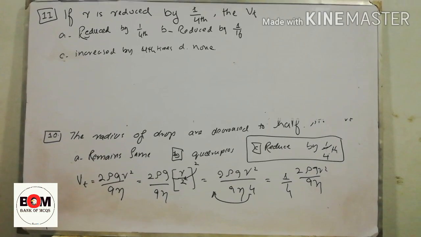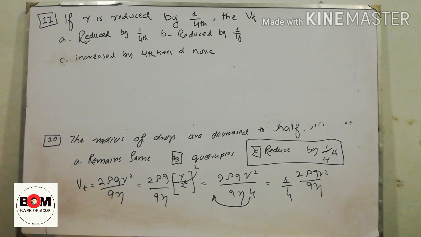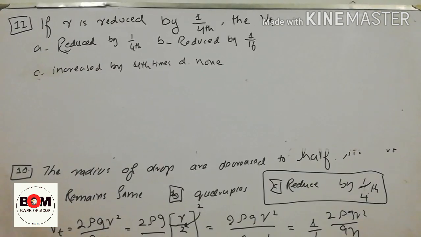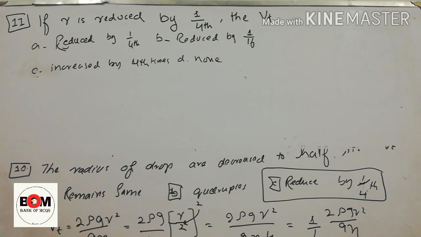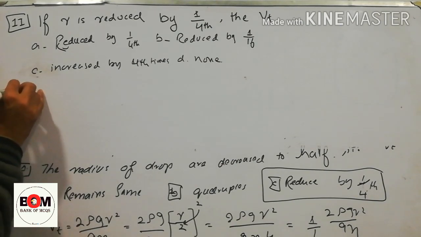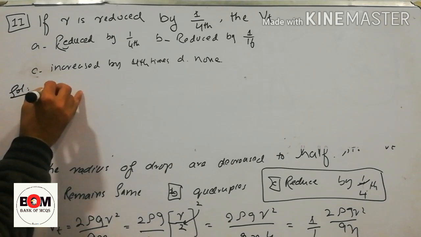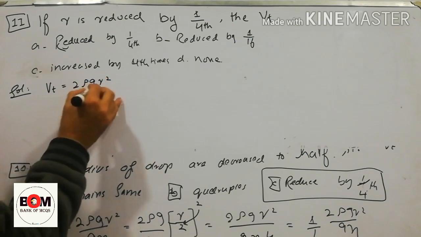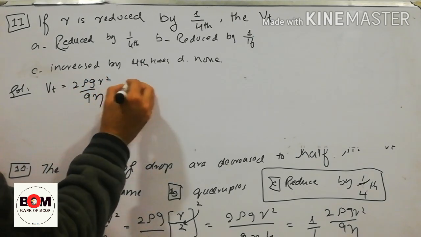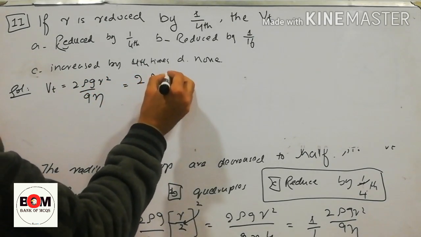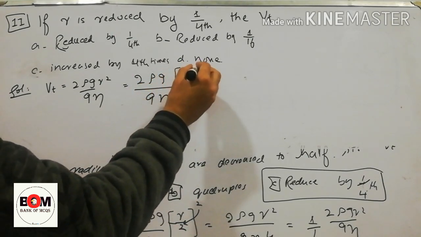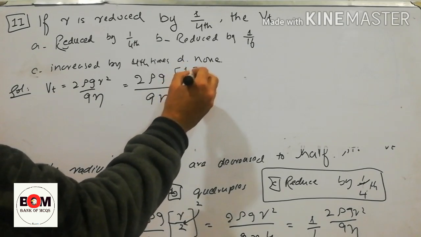MCQ number 11: if the r is reduced to 1/4, then the Vt, option A, reduced by 1/4, reduced by 1/16, increased by 4 times, or none of these. So the solution is, by the terminal velocity equation we know that Vt is equal to 2ρgr² divided by 9η. Again 2ρgr² divided by 9η when the radius is reduced to 1/4.